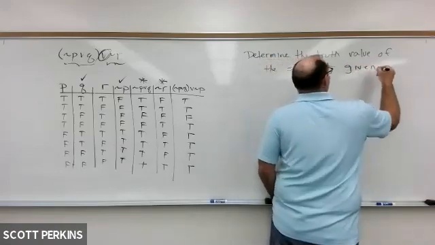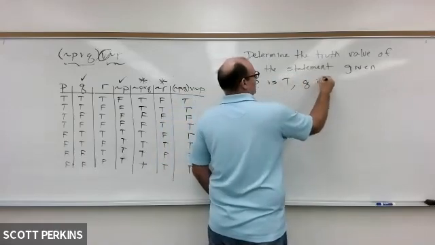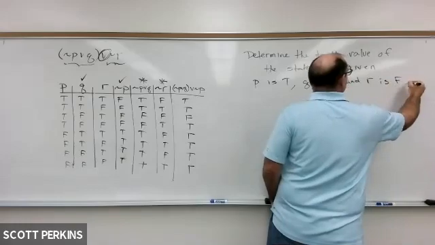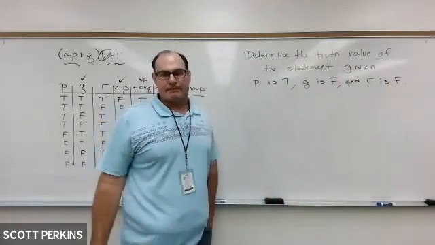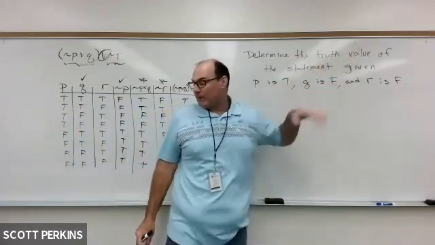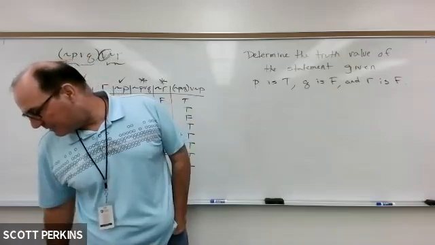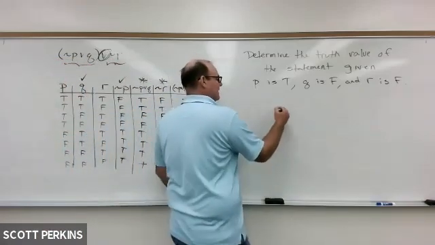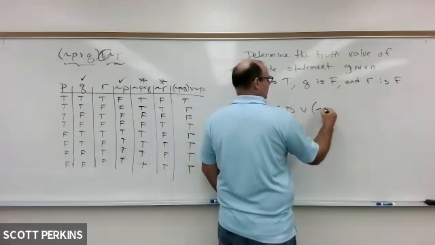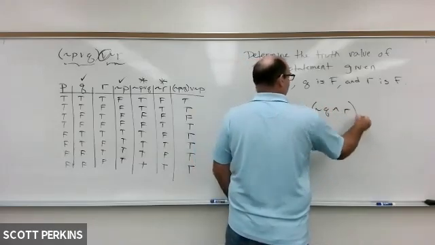Given that, let's say P is true, Q is false, and R is false. So now instead of finding the whole truth table, I'm going to do this for the particular statement. And the statement that I'm going to pick to do this for is squiggly P, or in parentheses, squiggly Q, a terrible squiggly, and R.